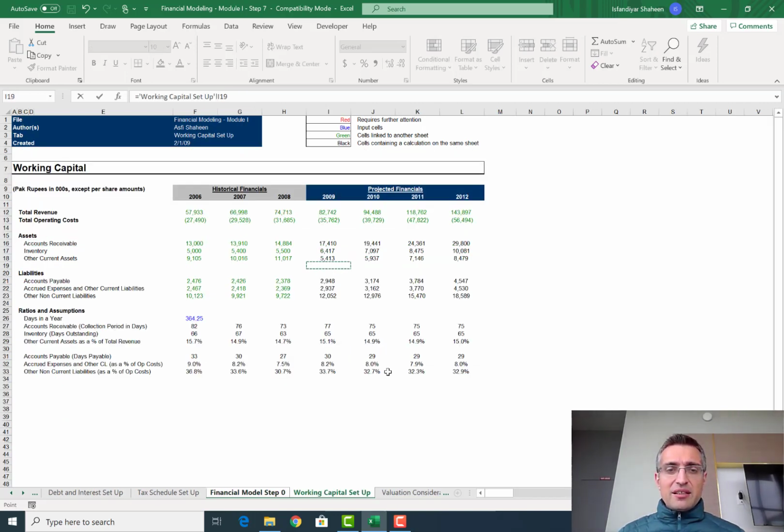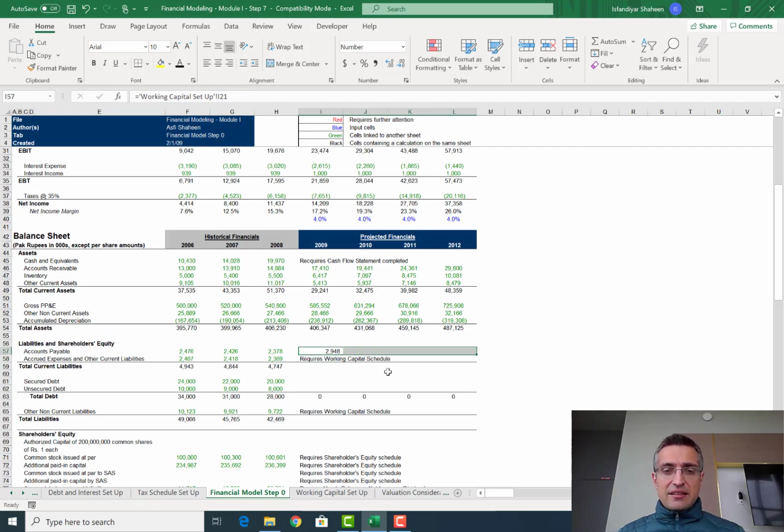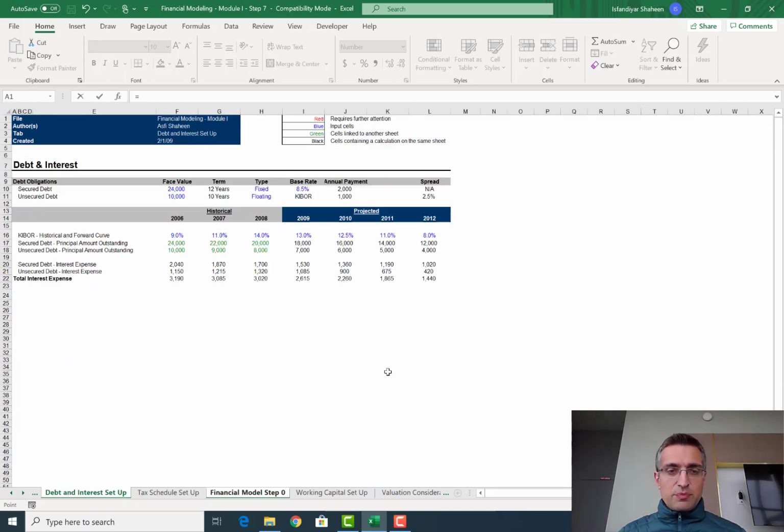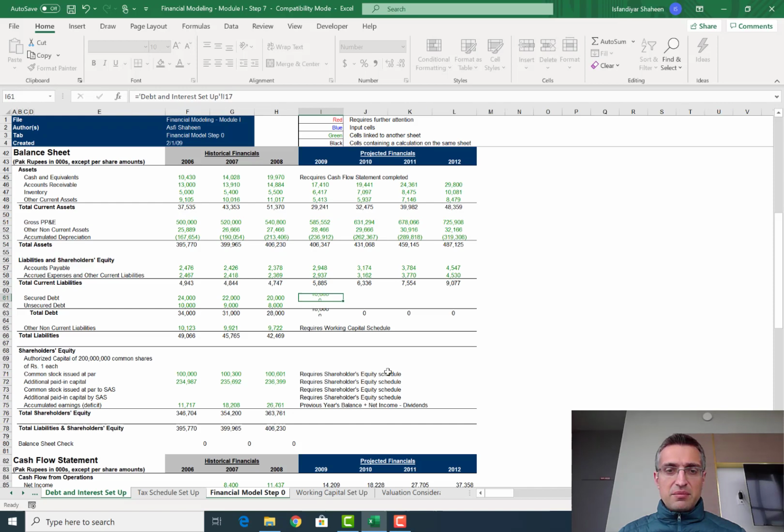What I'm doing here is just linking different items to the balance sheet, and it's picking them up from different schedules that I've already prepared.